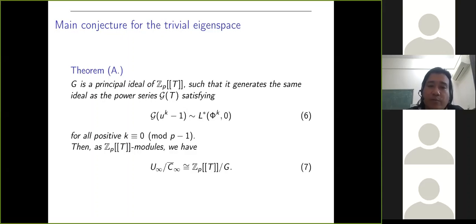That's what I have written: as a power series ring in one variable, we have this isomorphism.